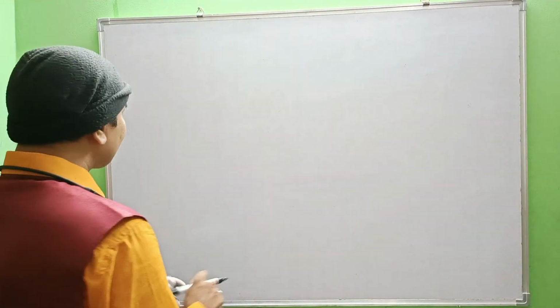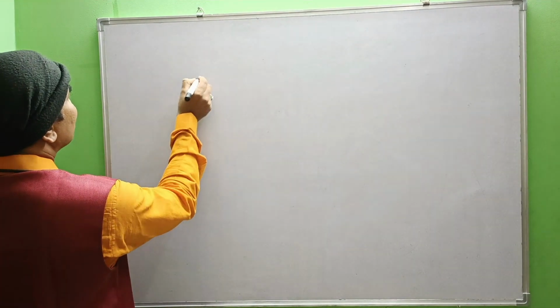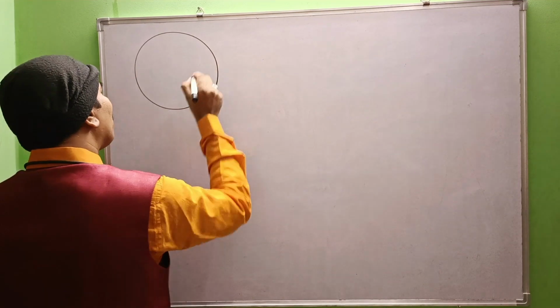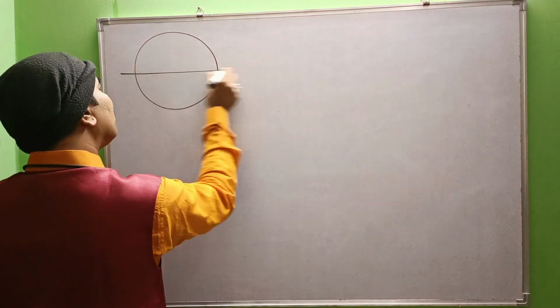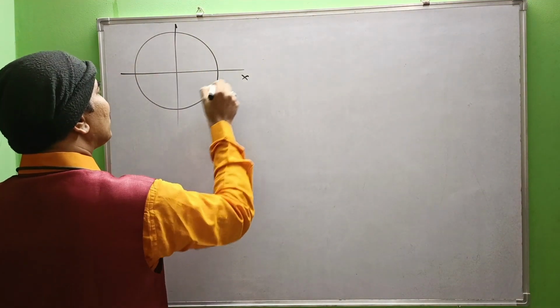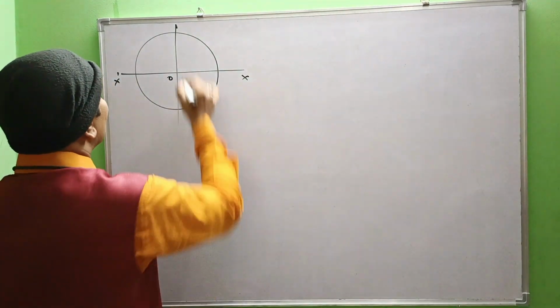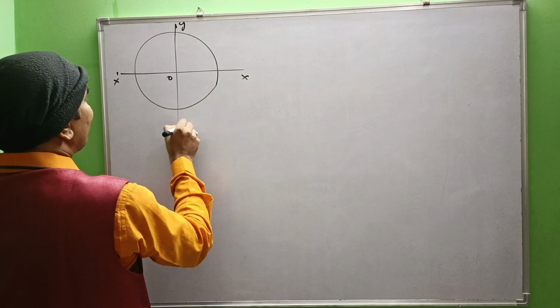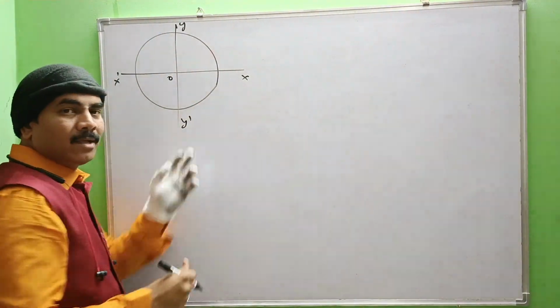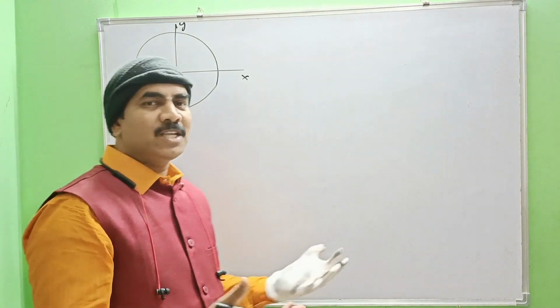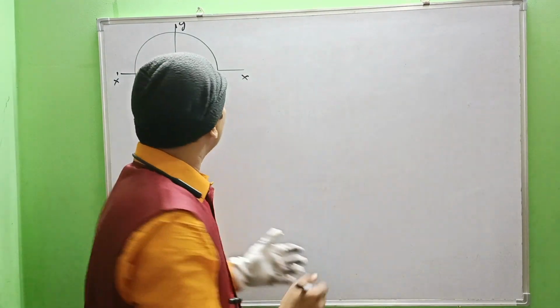Now see, here one particle is moving along a circular path with constant speed. This is the x o x dash axis, and here it is y o y dash. So the particle is moving in a circle with constant speed, that is uniform circular motion, right?